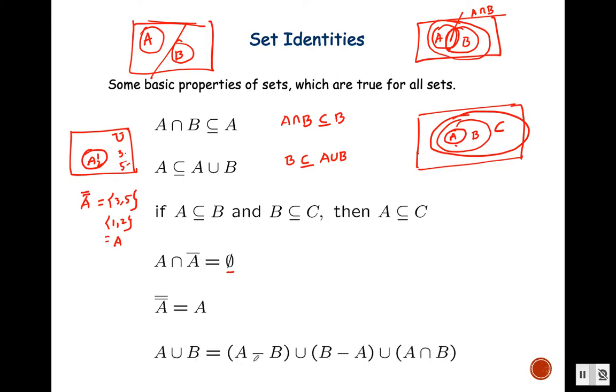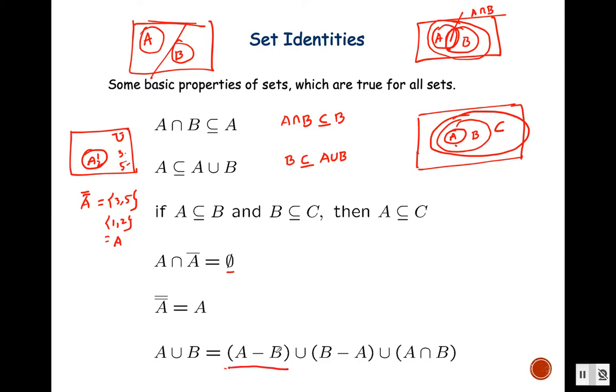A union B equals A minus B union B minus A union A intersection B. We can draw a very nice Venn diagram to prove that, but let me just tell you.